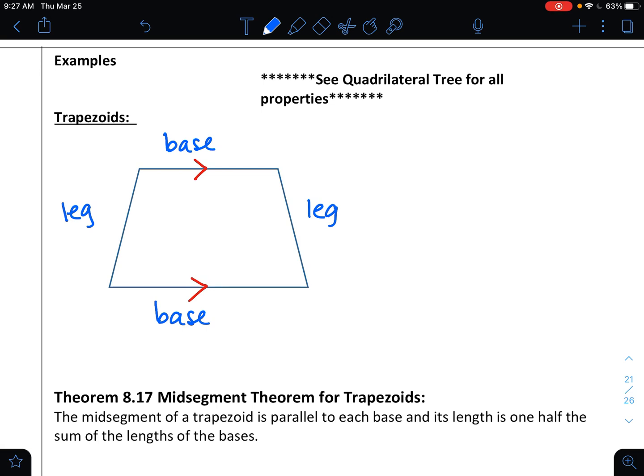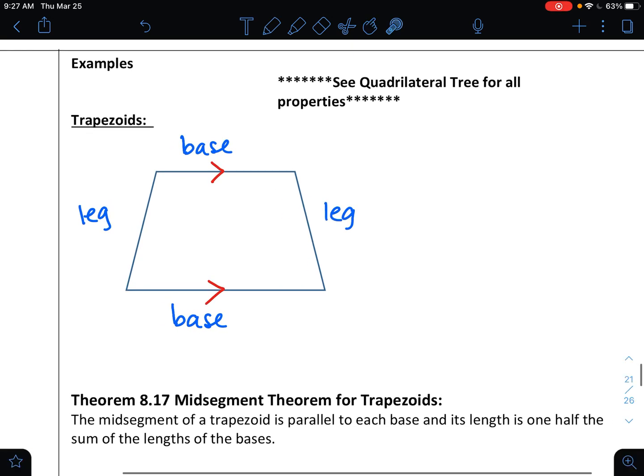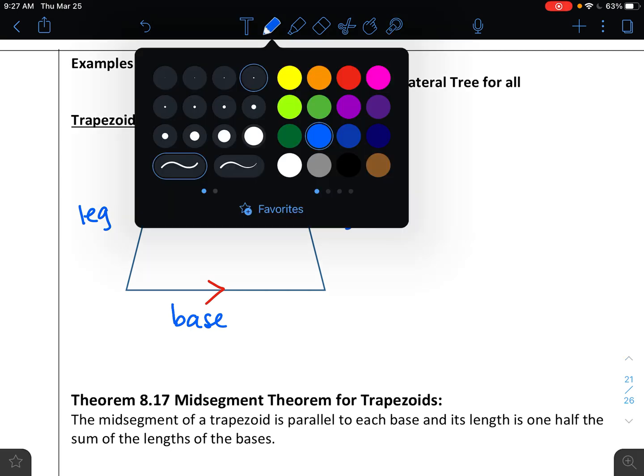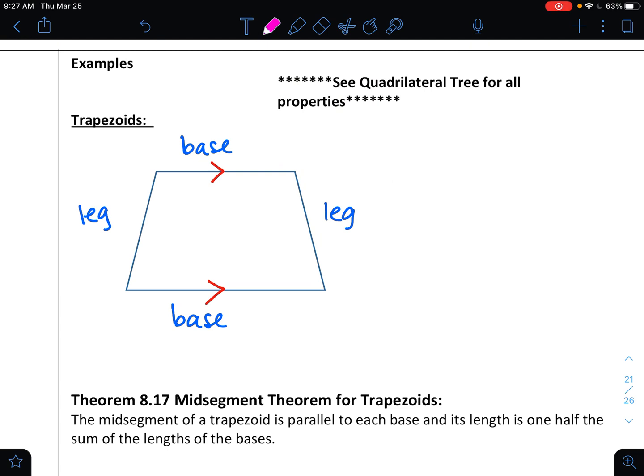Now we have a set of angles, and it can be a little bit confusing, but if you look at the base, at the end of the base are two angles. These angles are considered a pair of base angles. Okay, so I'm going to write here at the top, base angles.